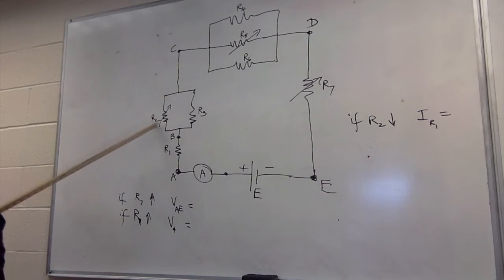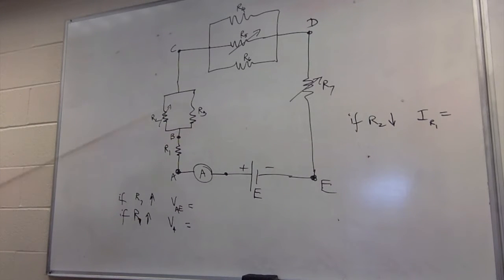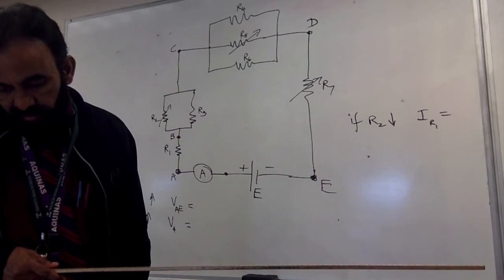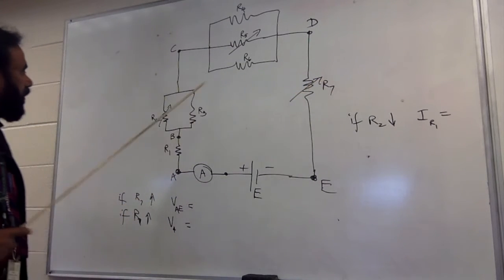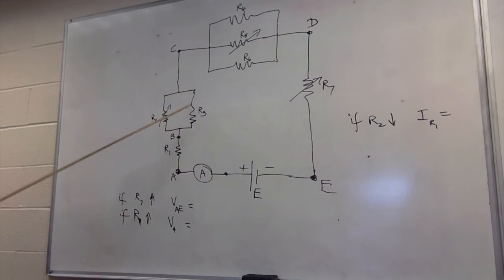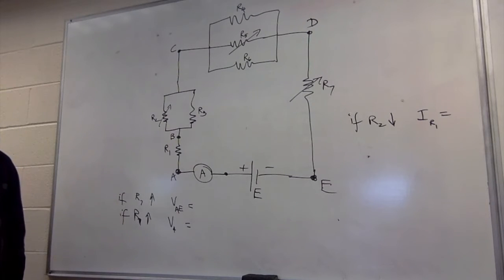Here's R2. They're not going to talk about R3 decreasing and all that because that's not a variable resistance, but this is variable. So if R2 decreases, what happens to the current through R1? Where's R1? Oh, here. R1 is right there. What will happen to the current here?